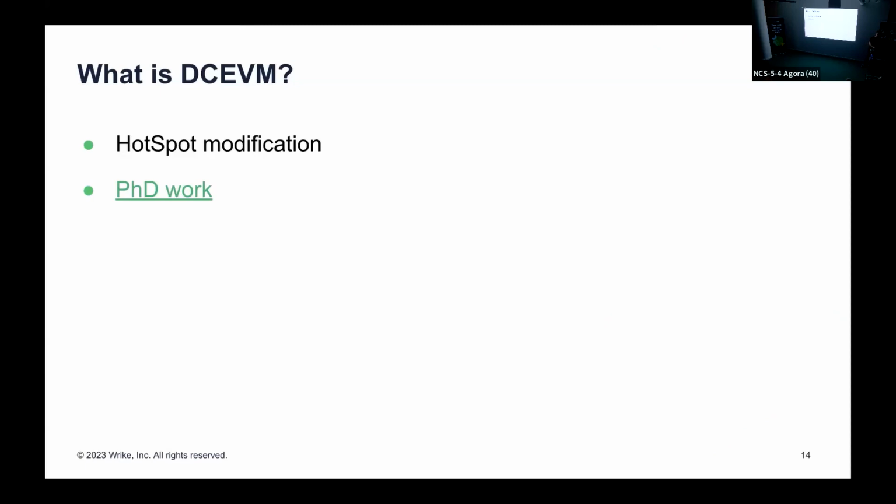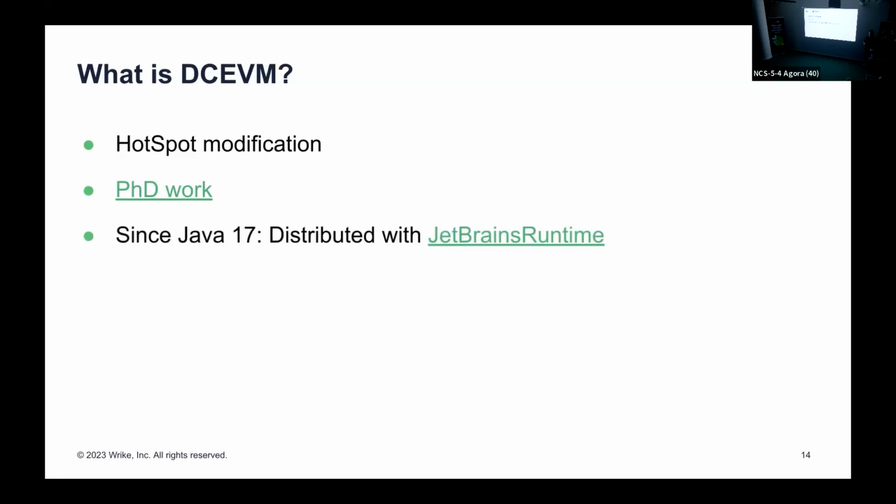Starting with Java 17, it is distributed with the JetBrains Runtime, which is basically an OpenJDK fork with several bug fixes, performance improvements, and other features like DCEVM. But if you're using another Java version, there is also a possibility to use DCEVM. You again have to install a specific JVM implementation, but a different one. I just refer to the official instructions.